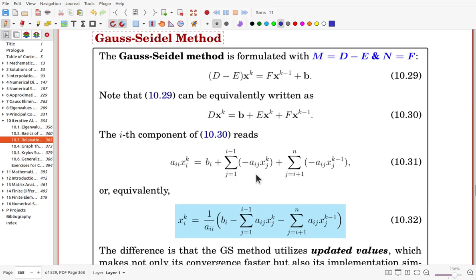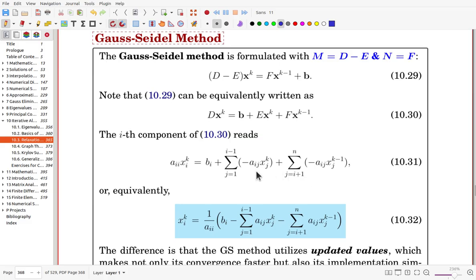So the only difference from the Jacobi method is that rather than k minus 1, we are using k here. Now for the upper portion, it is the same as for the Jacobi method.